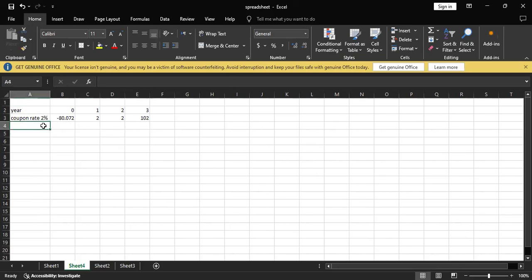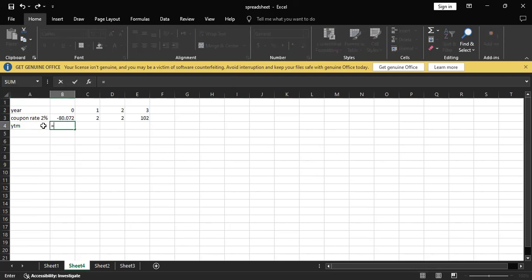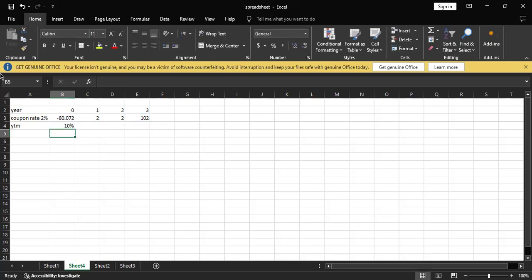So now we are going to find out the YTM. How we will find, guys? You will just apply IRR. Select all the cash flows. Bracket close. See, the exact YTM which we used in our calculations before, that is coming, the 10%.